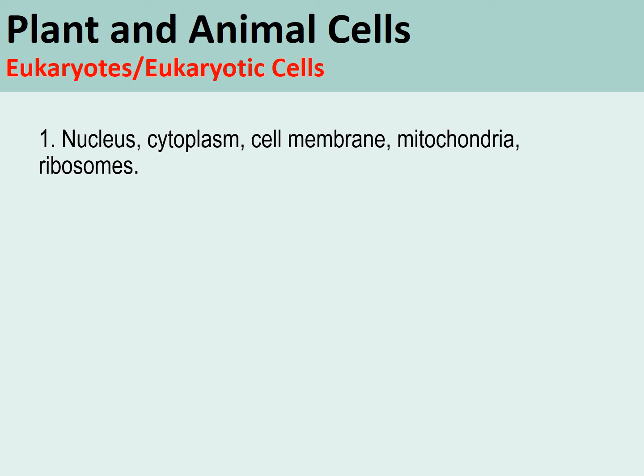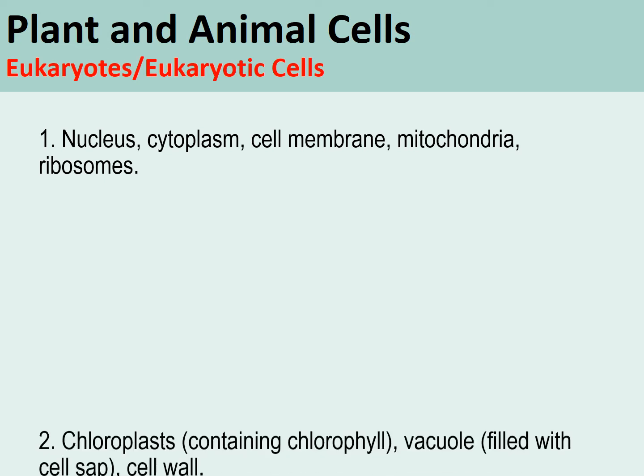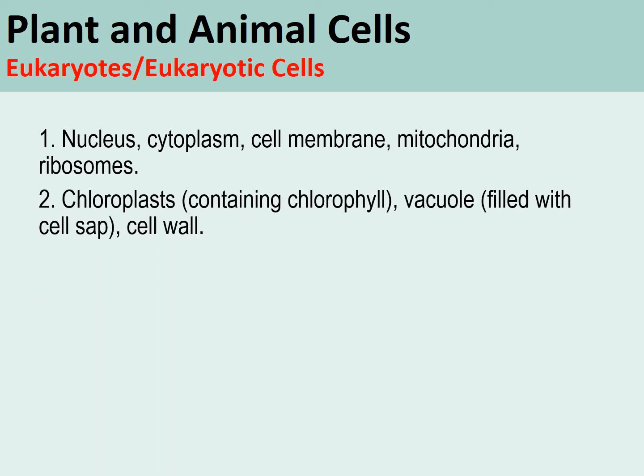Number 2, the question was which subcellular structures are found only in plants? So we've got chloroplasts. You might have said that it contains chlorophyll. We've got the permanent vacuole, and that contains cell sap, and a cell wall.